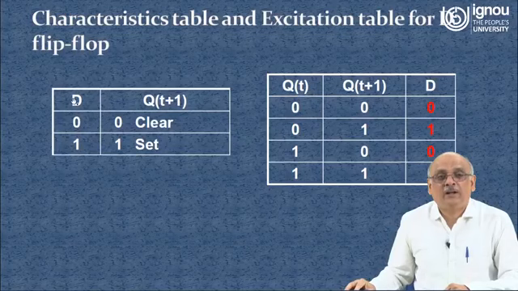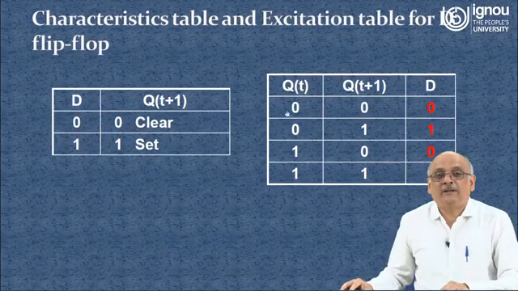So that means the D flip-flop has just one input, not S and R like the RS kind. If input D is 0, then the flip-flop is in the clear state, as simple as that. If D input is 1, the flip-flop goes to the set state. That's it. These are the only 2 cases.